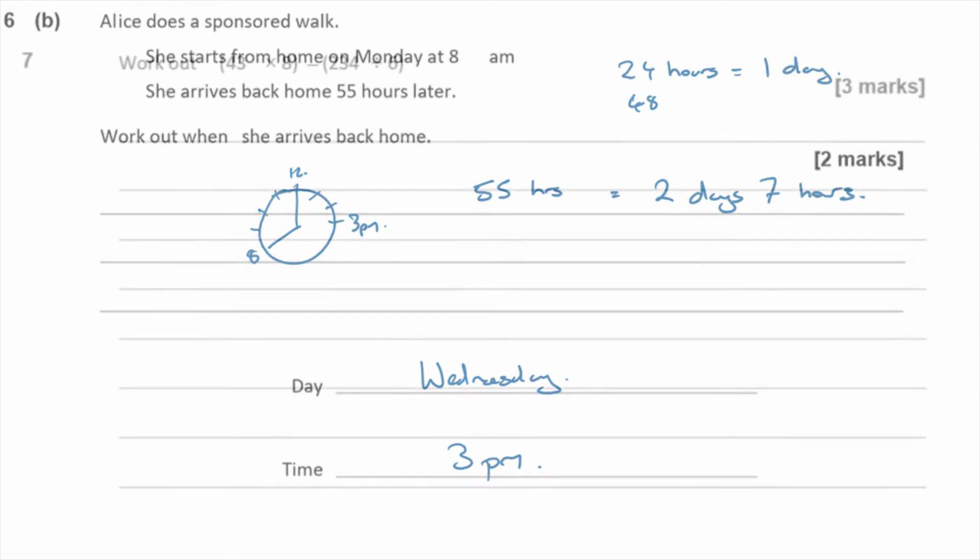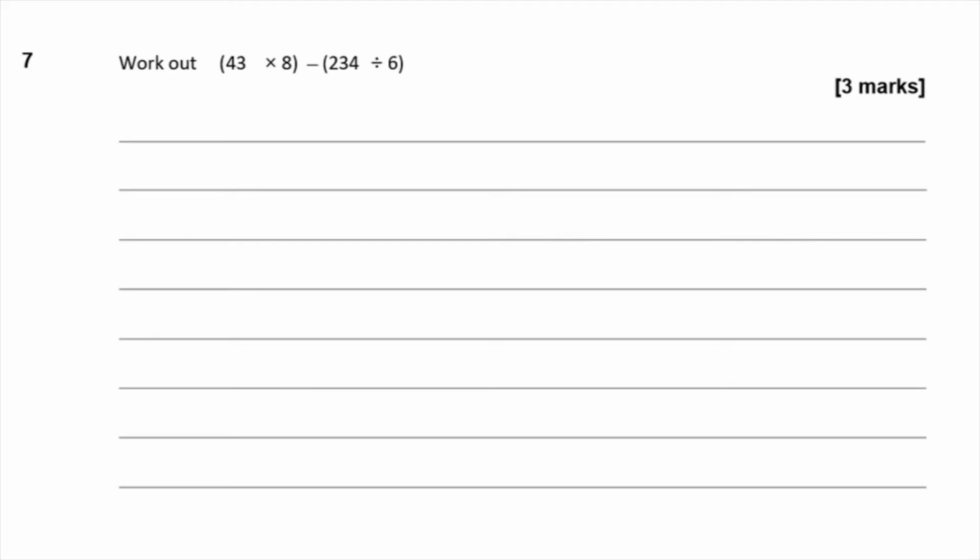on Wednesday. Question 7. Work out 43 times 8 minus 234 divided by 6. Now, the 43 times 8 are in brackets, and the 234 divided by 6 are in brackets. But actually, those brackets are not doing anything, are they? BIDMAS would say you had to do the multiplication and the division before you did the subtraction anyway.